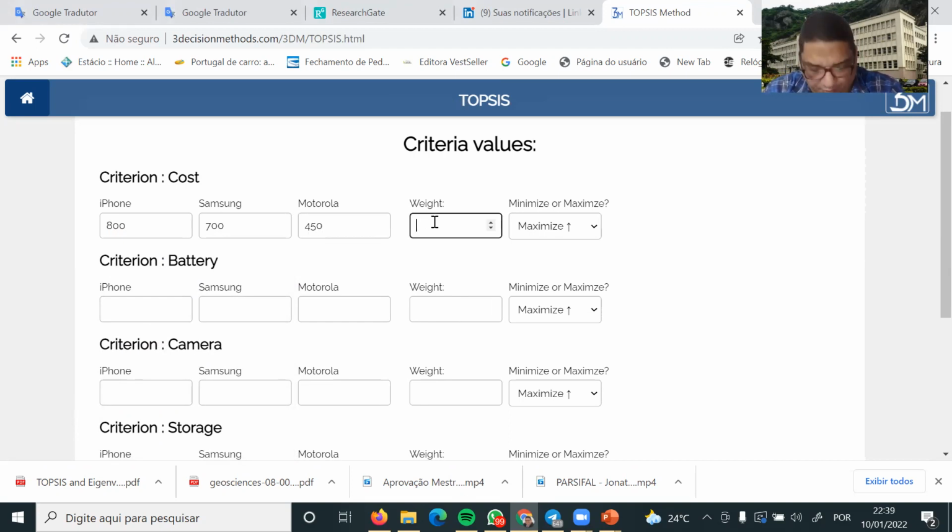And the weight is 40%, 0.4. And do I wish to maximize or minimize the cost? I wish to minimize, so minimize.